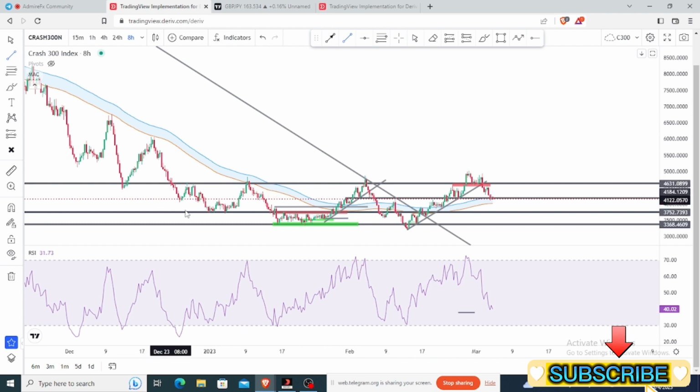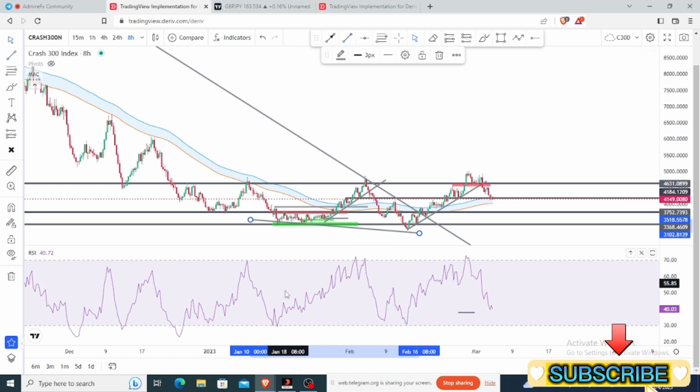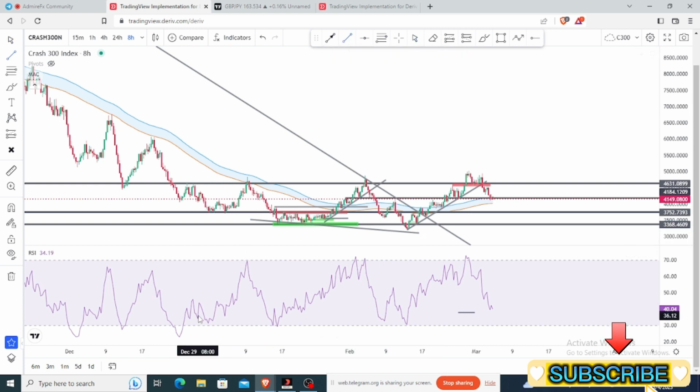But if you look at the downside here, we have some sort of divergence, which is one of the things I do. The price is creating lower highs and lower lows, and here on the RSI, it's creating higher highs and higher lows.